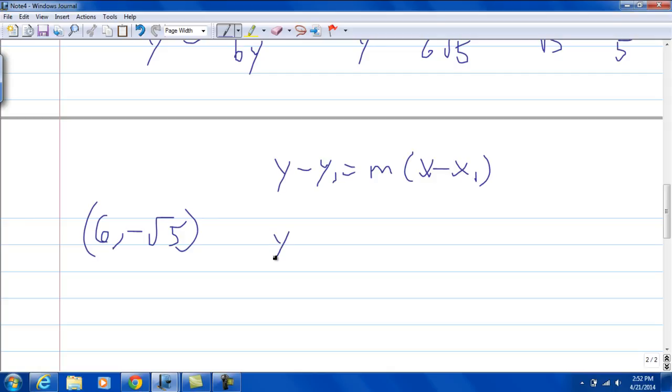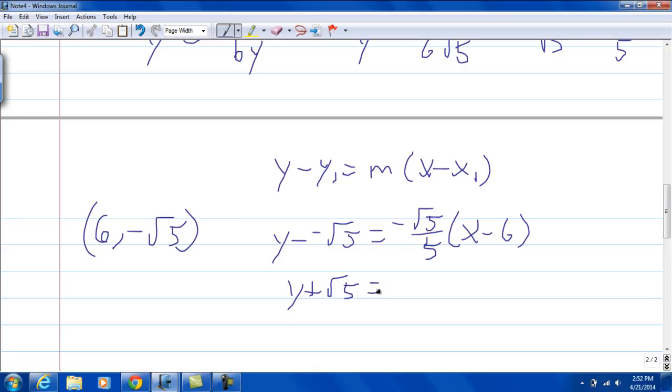So y minus negative square root of 5 equals negative square root of 5 over 5 times x minus 6. That's y plus the square root of 5 equals negative square root of 5 over 5 x, and the double negative makes it plus 6 root 5 over 5.